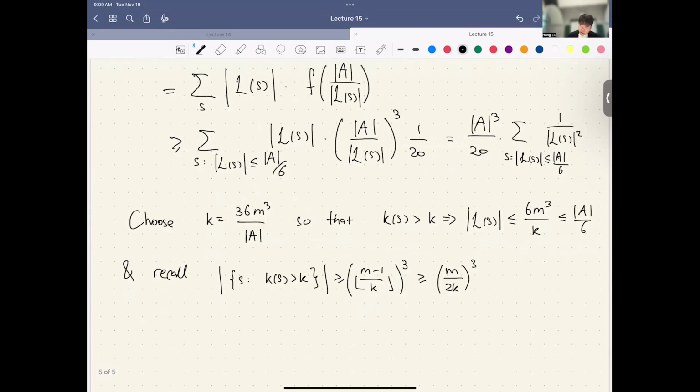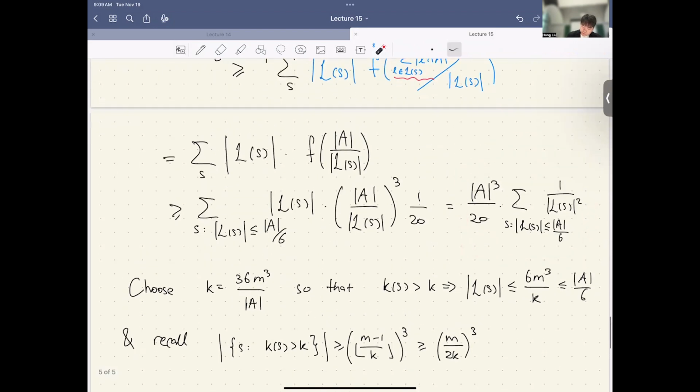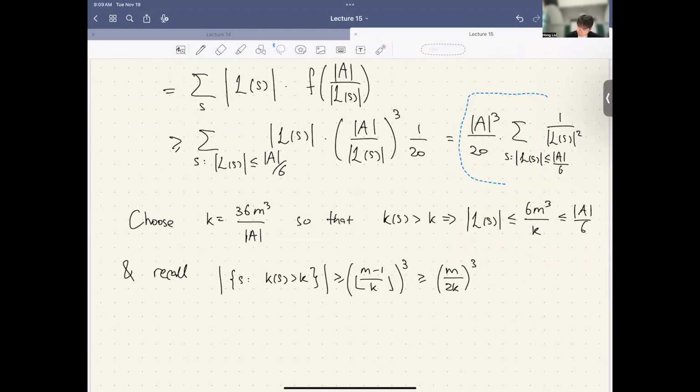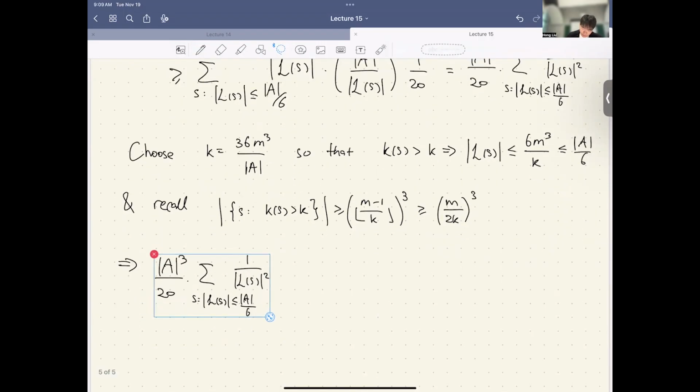So we are done, because now let's look at this final term. It is at least A cubed over 20 times the sum.